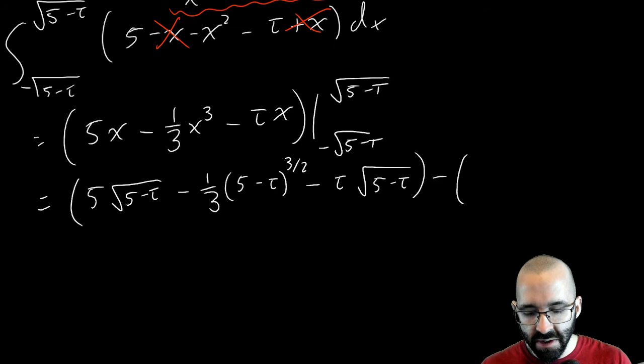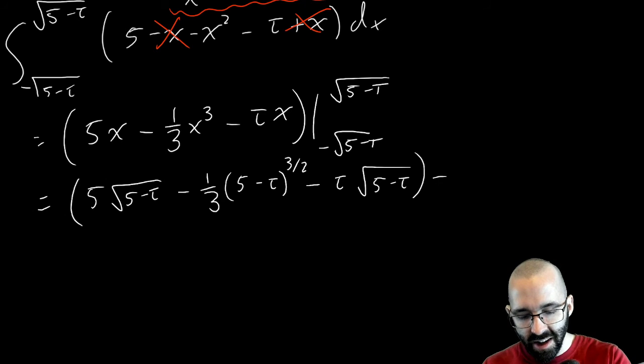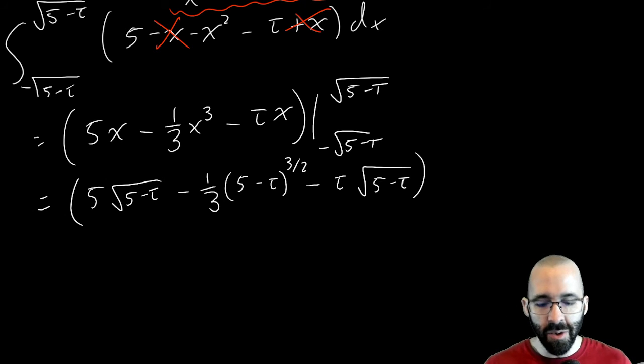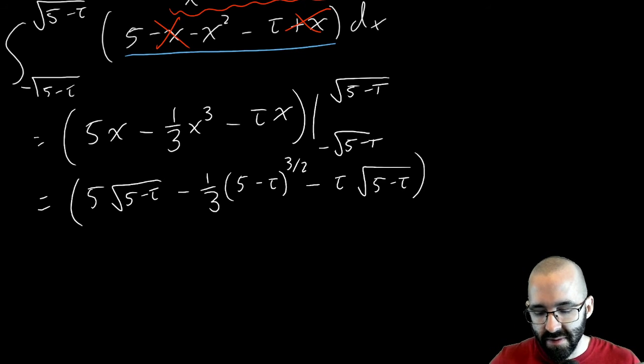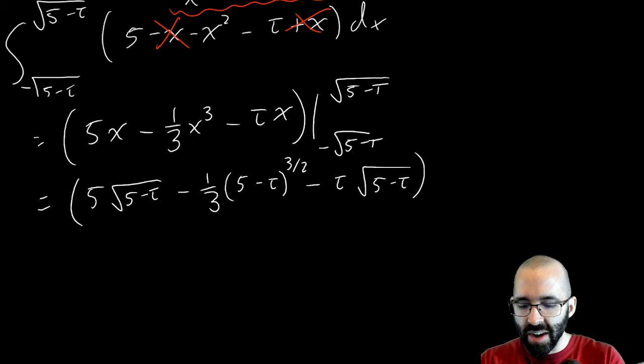Oh, interestingly enough, this is a perfect opportunity. Let's save ourselves some work using what we know about math. Look at our integrand. Look at this function. This is a number minus x squared. Look at this integrand.